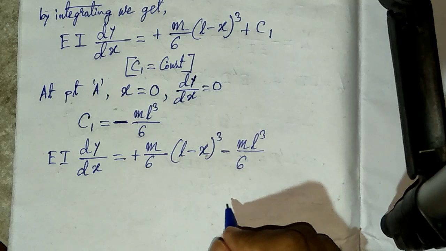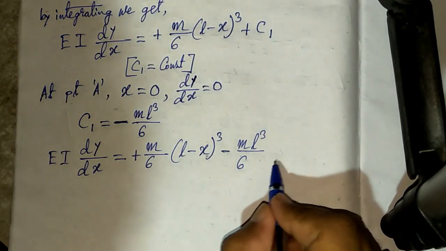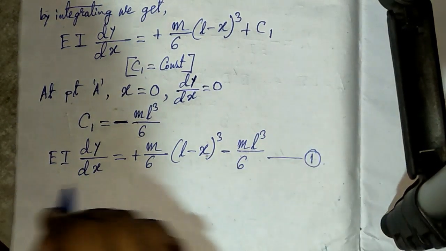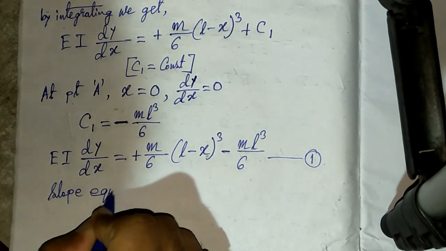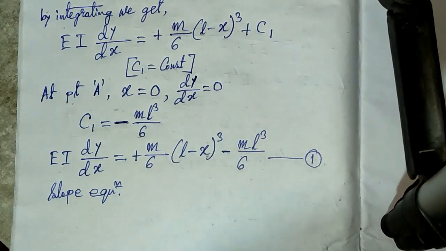We can take this as equation number 1, and this is the slope equation.